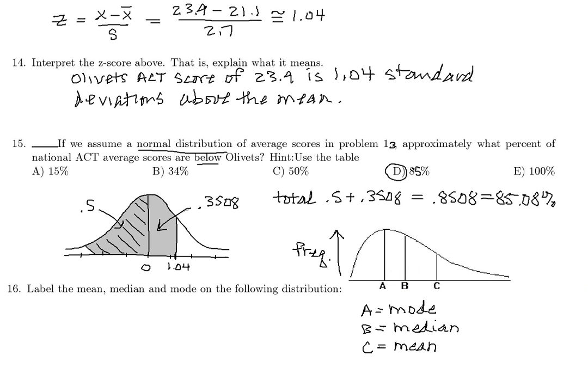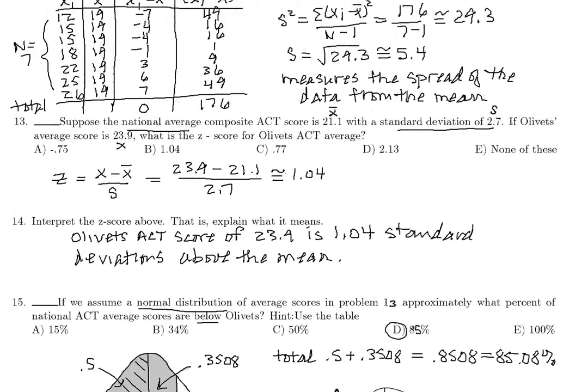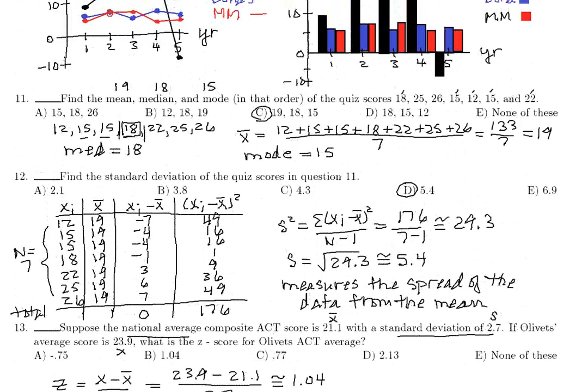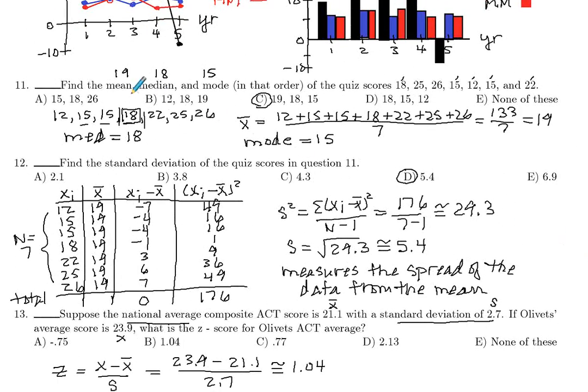Okay, so let's see. There's one thing I wanted to mention when we did mean, median, mode in here. Also, look back over the homework where we did grouped mean, median, and mode.